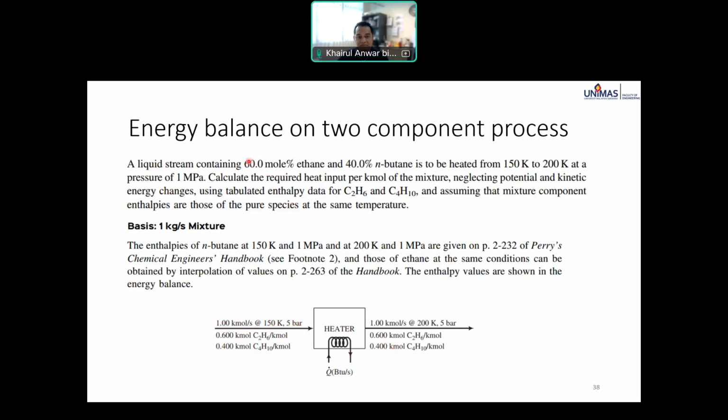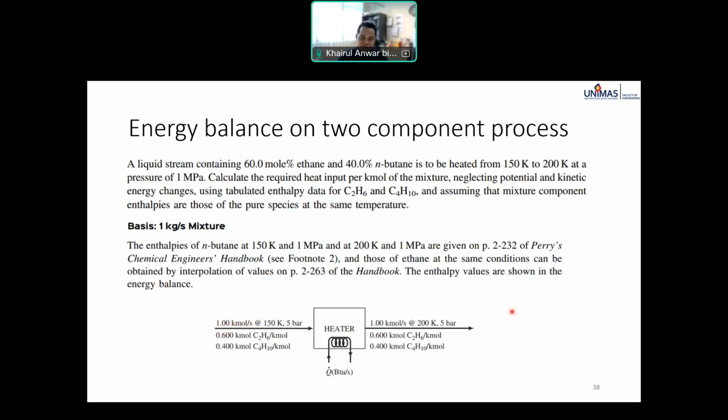Based on this, 1 kilomole per second here is a reference. Otherwise, you don't know how much the 60% and 40% are. So in this case, the reference is 1 kilomole, or they assume the flow to be 1 kilomole per second.